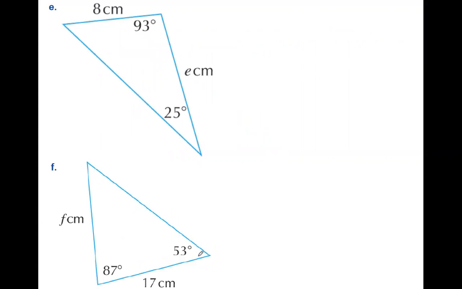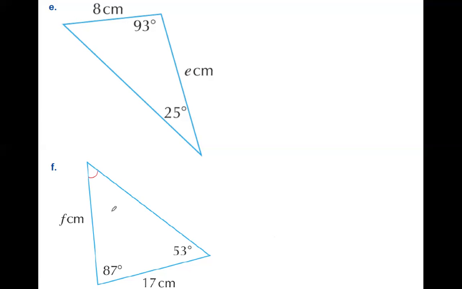F is interesting because I've got the side, but I don't have the angle associated with it. So how do I find that angle? Well, it's 180 for a triangle, so you'd need to add 87 and 53. So this question here will have an extra mark because you need to find that angle there.